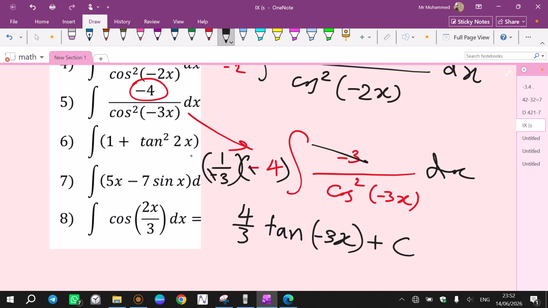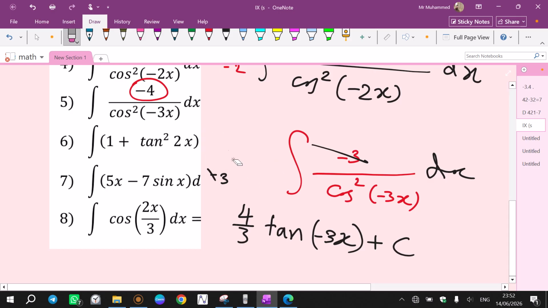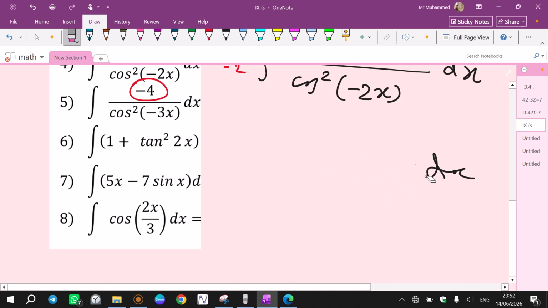Now question 6, 1 plus tan squared is also going to be tan. But again, the derivative of inside should be available outside. By derivative of inside, I mean derivative of inside the bracket should be available outside. Now this 2x, derivative of 2x is just 2, and write 1 over 2 outside.